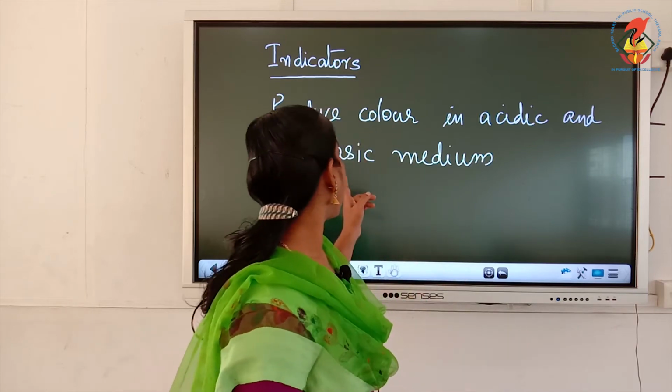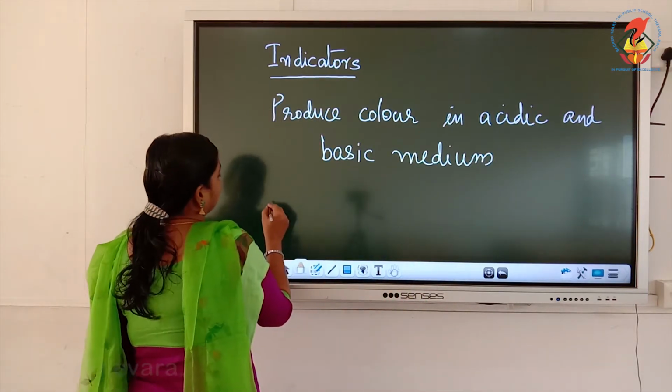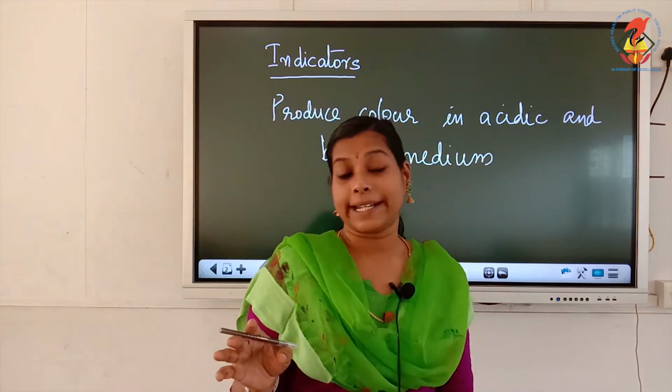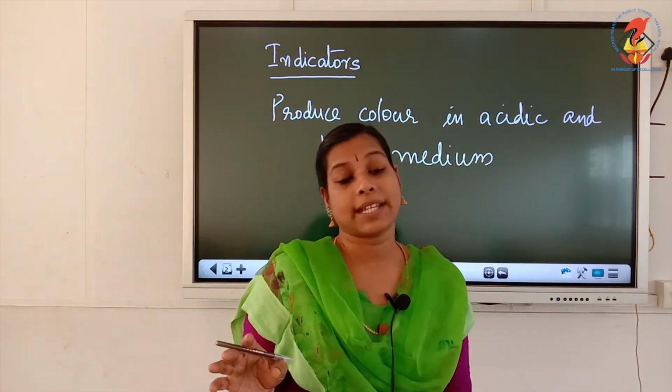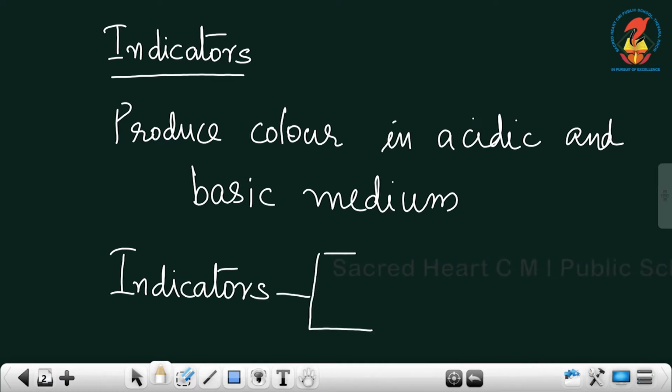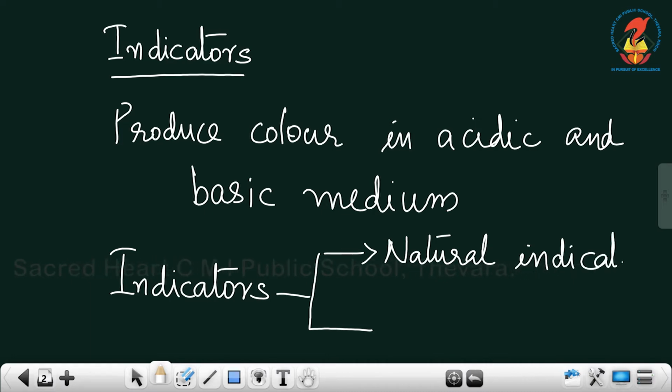And these indicators are classified into two. We can say that there are natural indicators and artificial indicators.